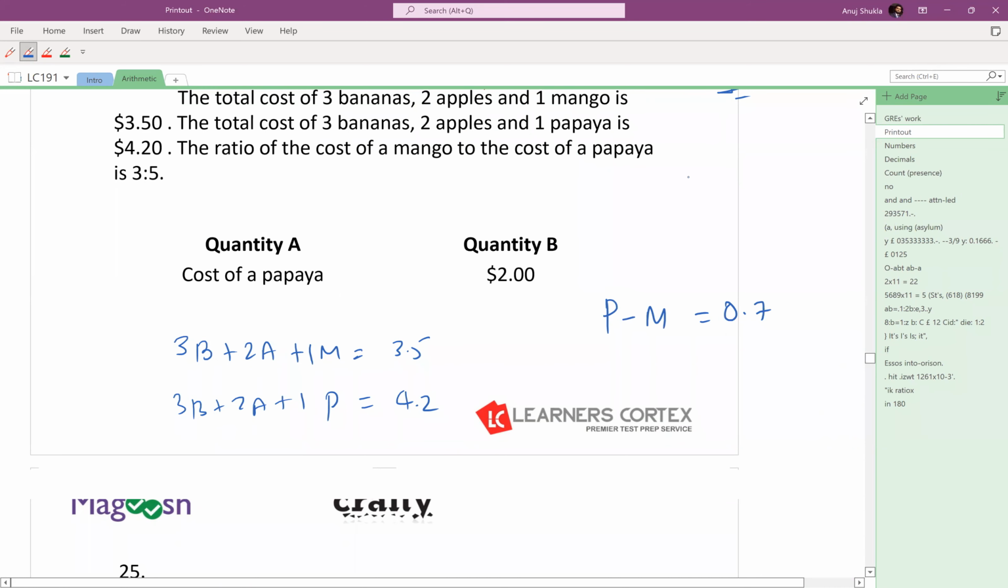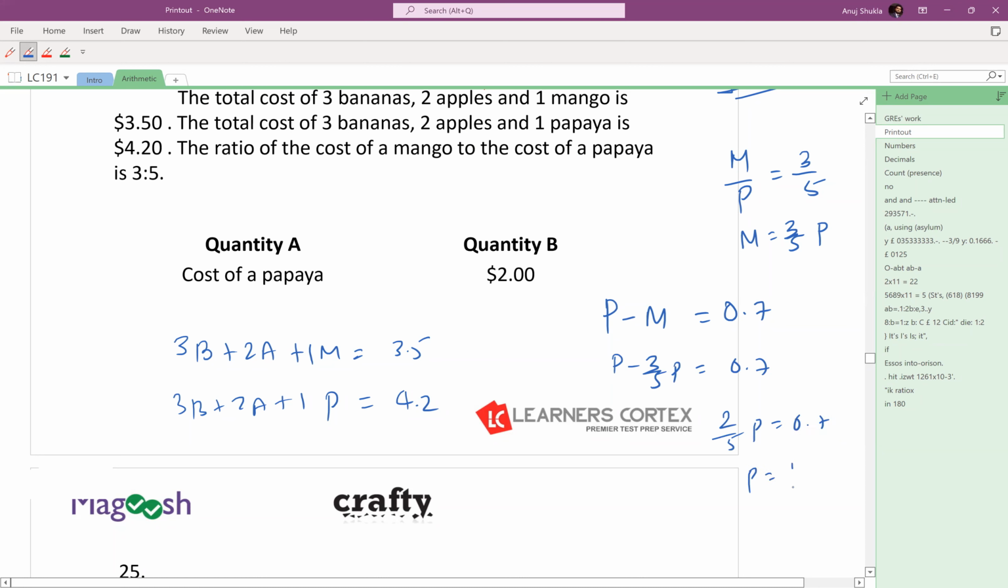And then papaya and mango is given as how much? Mango to papaya is given 3:5. You can solve it and then get the answer. Papaya means you have to put the m value. M value is 3/5 p. Put it here. So p minus 3/5 p is equal to 0.7. So this is 2/5 p equal to 0.7.